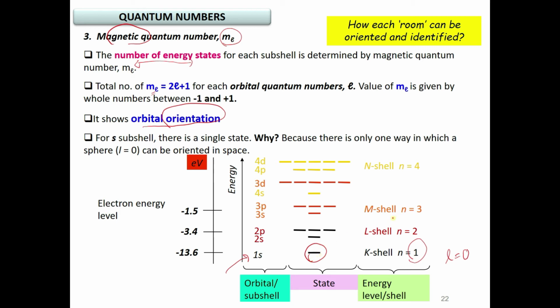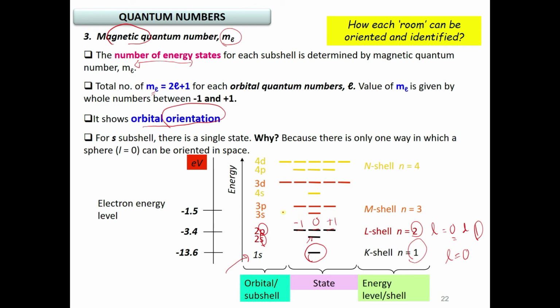However, for the n shell, which is energy level 2, you can have L equal to 0 and 1. For 0, you have the s orbital, and for 1, you have the p orbital. The s orbital has a single state. However, the p orbital has 3 energy states: -1, 0, and +1.